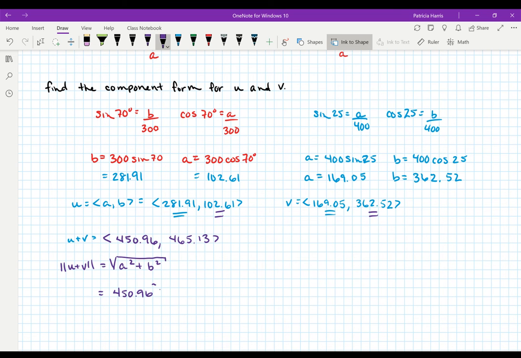Again, hopefully you are noticing that these are the same values we got when we ran the polar form, but we're not using the words radius, things like that.